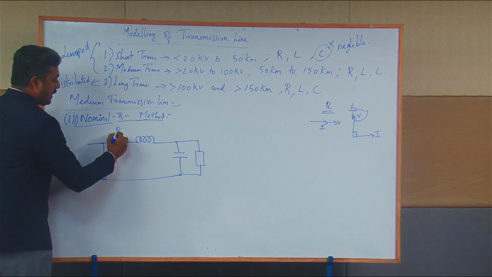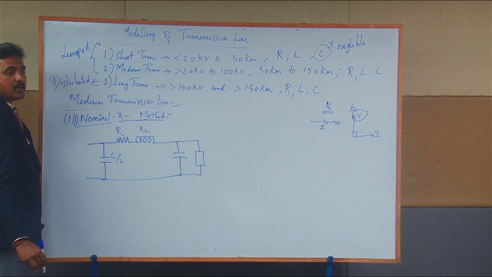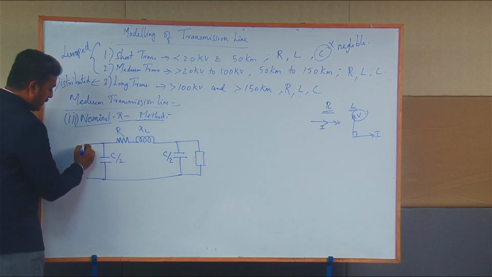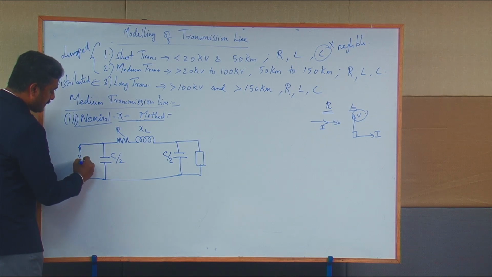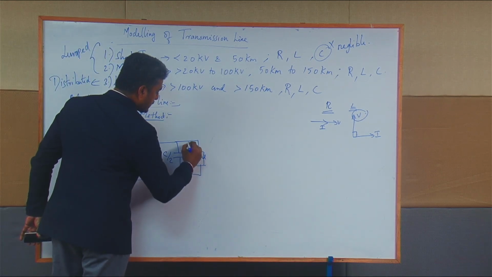It is R, XL. Here you split the capacitance into two halves, C by 2 and C by 2. The sending end voltage is taken as Vs. The receiving end voltage towards the load is taken as VR.